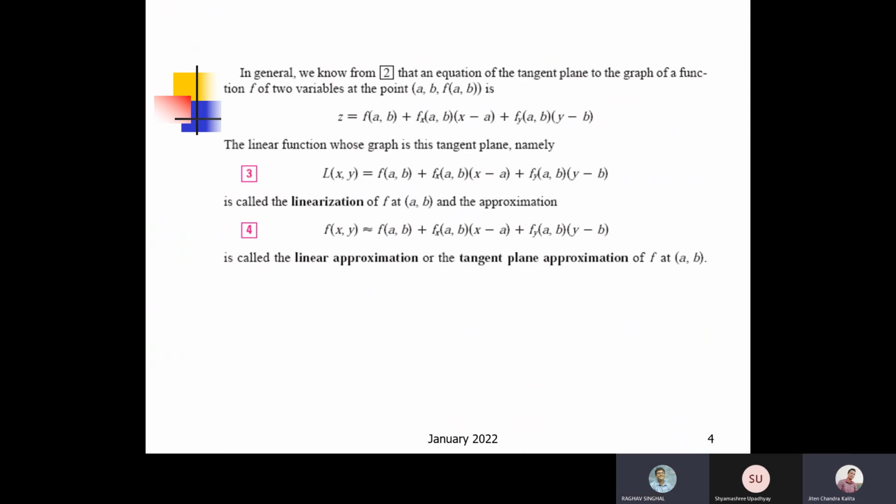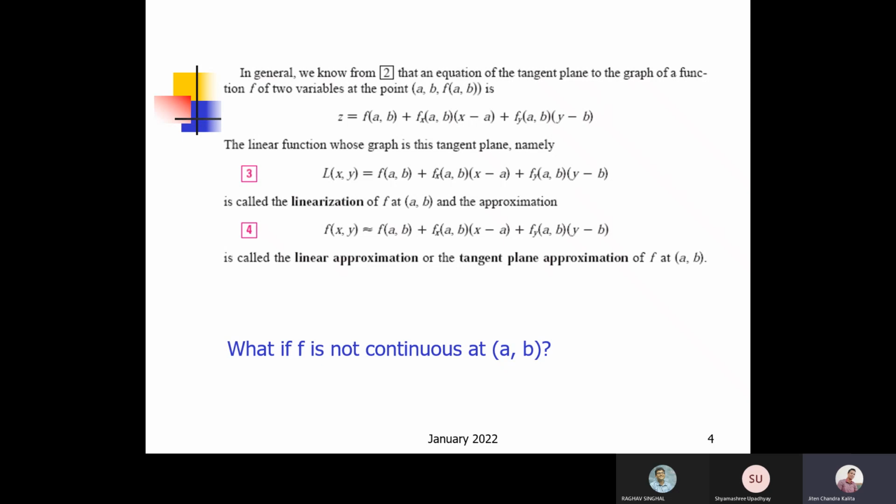So now the million dollar question is, is that the only thing we are interested in? Why are we doing this? Now, suppose f is not continuous at (a, b), and even if f is continuous at (a, b), there may still be some issue.